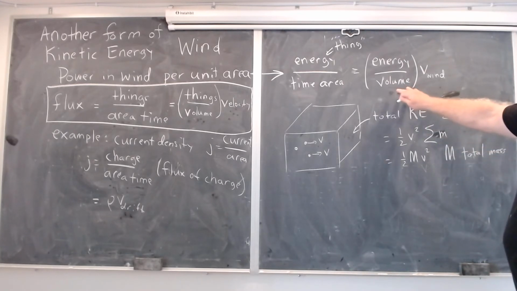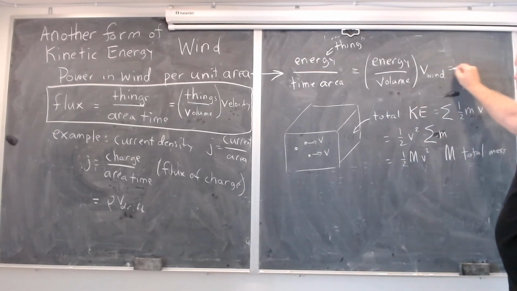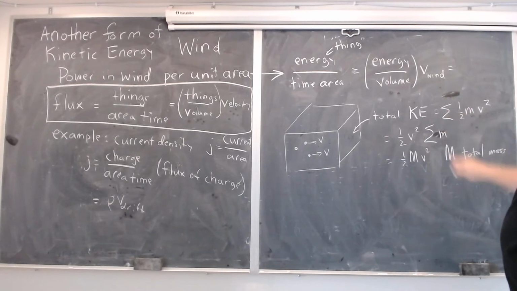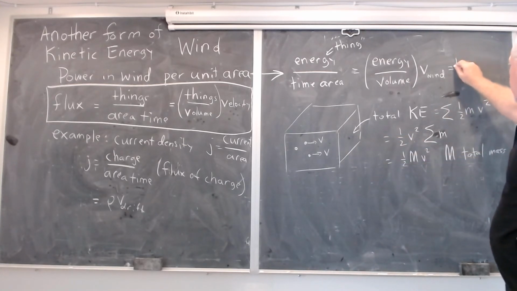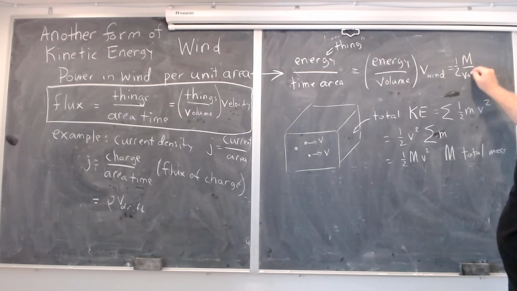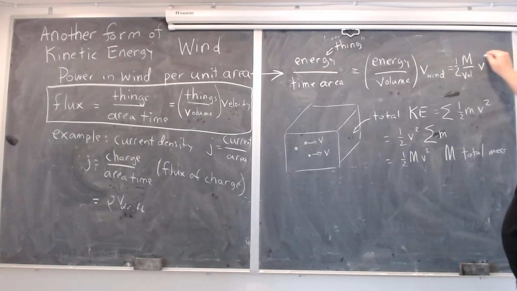Now we wanted energy per unit volume, so that's the total energy divided by the volume, so that's 1/2 M over volume, and it's v squared and then another v, so it's going to become v cubed.